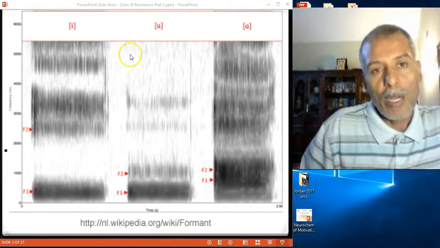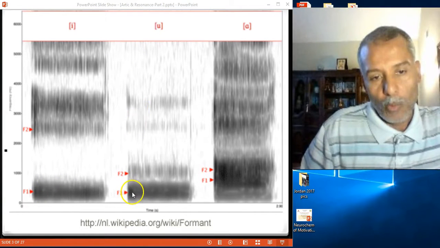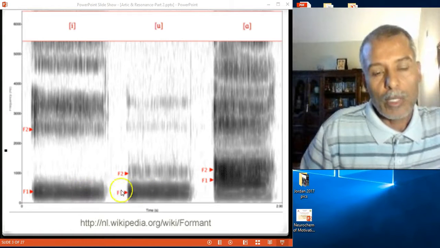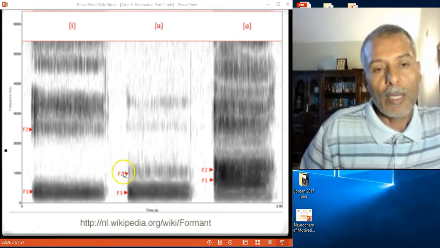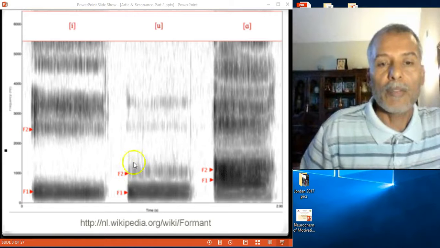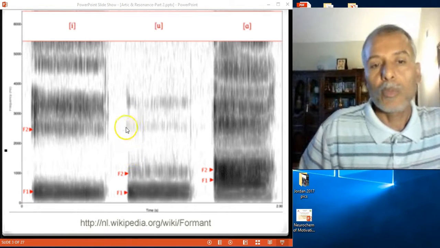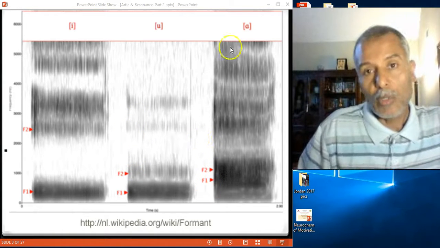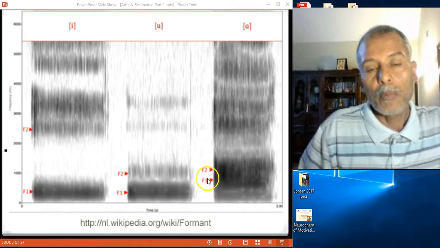You can compare the U with approximately 270 hertz. It is quite low for F1, and then F2 comes after about 870, and then you go up to the other frequencies. You could also see Ah, beginning at 900 and moving up.